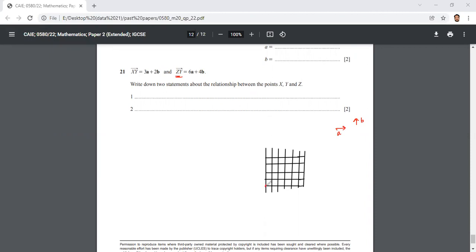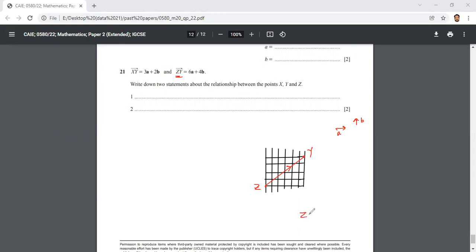Let's suppose this is the original point: 1, 2, 3, 4, 5, 6, and 4 up: 1, 2, 3, 4 here. If we draw the line, it is like that. This vector shows 6 units right and 4 units up. This is z and this is y.